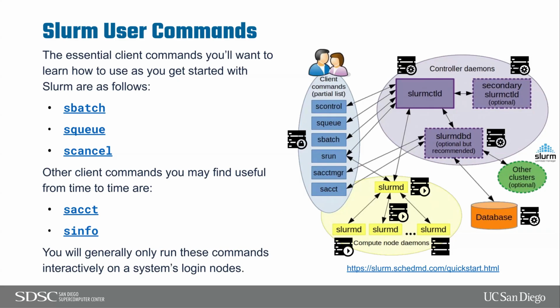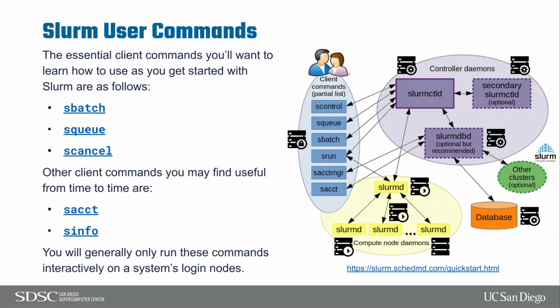So those are probably the three most common commands that even I use. But there are a few other client commands you might find useful. For example, sacct is a way to get information about jobs that are already finished. That's the command you would use to query the Slurm DB on the back end to get information about past jobs and what Slurm knows about those jobs.